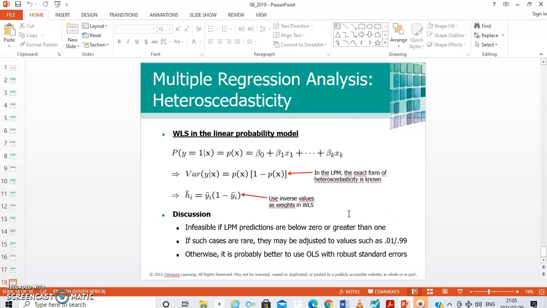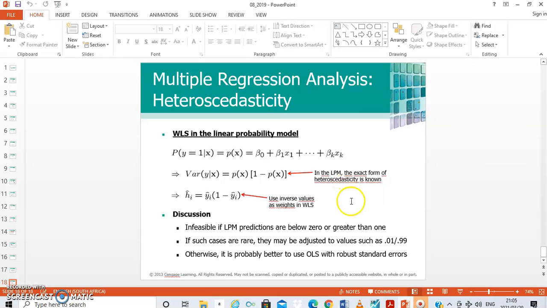And then, just like in the previous chapter, when you were dealing with the linear probability model, like your probit model or your logit model, where you have a binary dependent variable taking a value of 0 or 1, you can also have a problem of heteroscedasticity. In such models, you can also apply the weighted least squares method to remedy the problem.